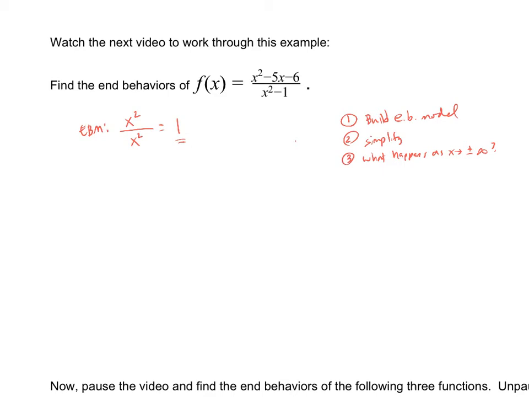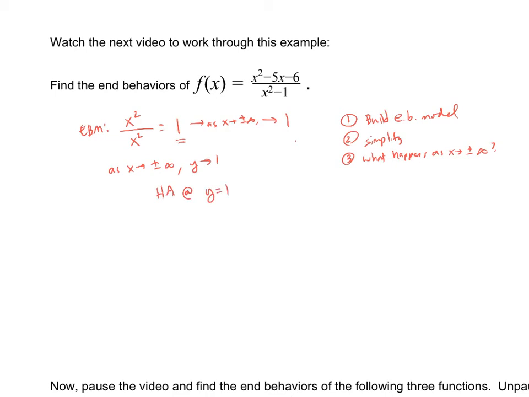So as x gets close to an infinity, this value is still going to go to 1. This means that the end behavior of this function is that as x approaches one of the infinities, the y value approaches 1. And since we're approaching a numerical value, that means we have a horizontal asymptote at y equals 1.